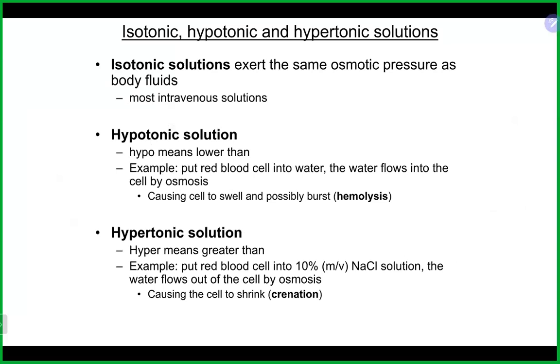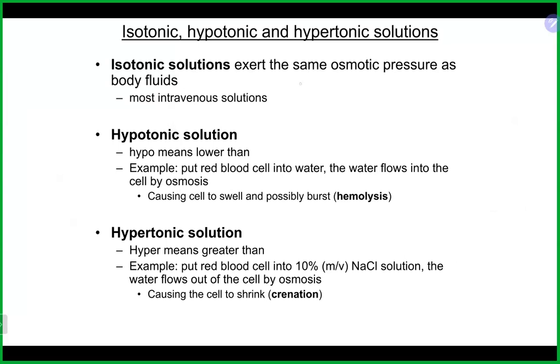So let's also talk about 3 ways to classify solutions. That is isotonic, hypotonic, and hypertonic solutions. Isotonic solutions have the same osmotic pressure as body fluids. Most IVs are isotonic.